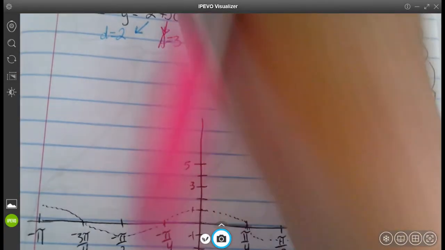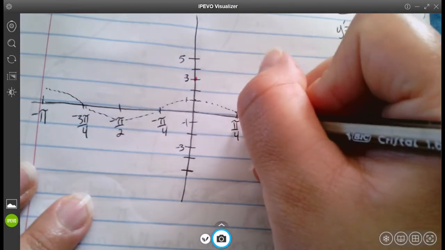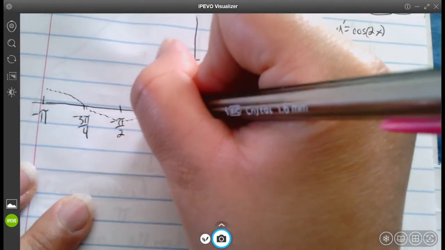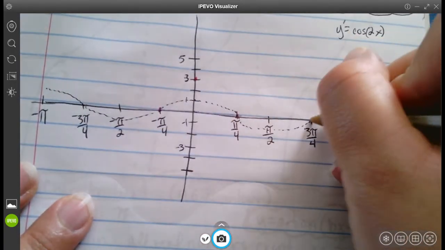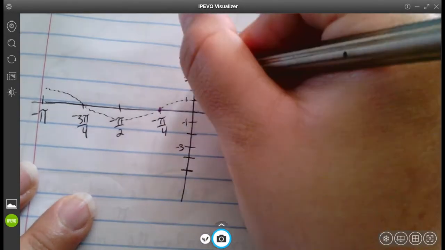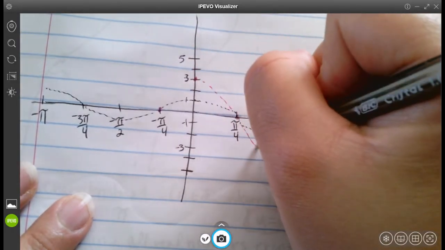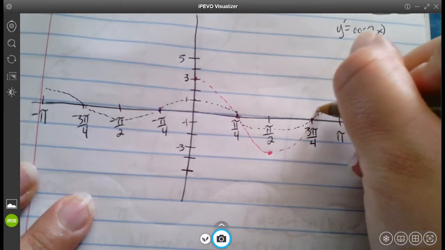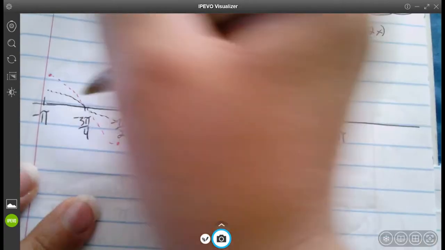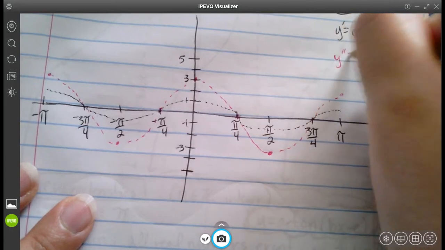That means that all of these points are going to jump up to 3. So there's that one. This one's going to stay there. My zeros pretty much stay there. This is going to jump down to negative 3. This is going to jump up to 3. Okay, so we kind of have something like this.